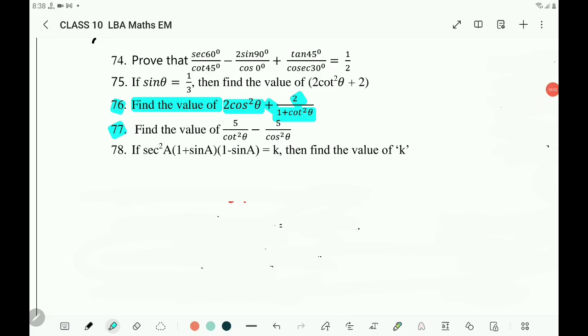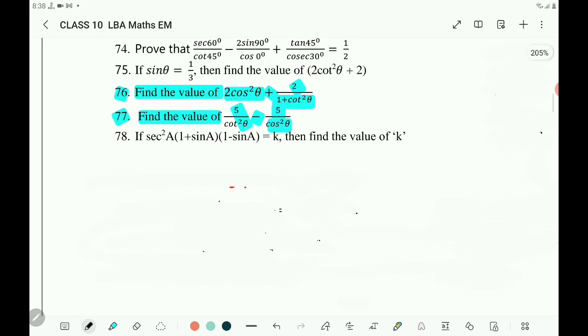Question number 77. Find the value of 5 by cot square theta minus 5 by cos square theta. Let us write it. 5 by cot square theta minus 5 by cos square theta.